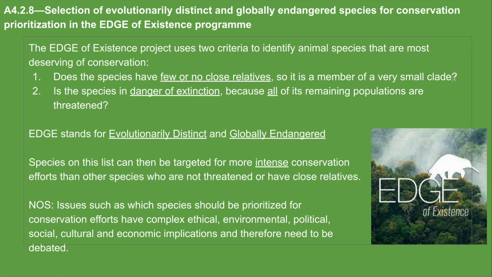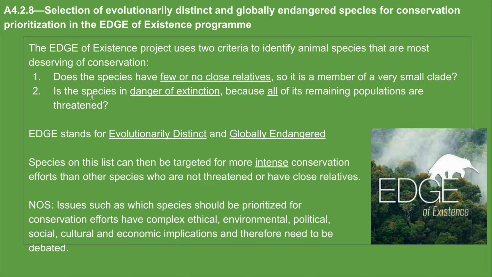For example, if we're looking at a group of frogs, are there other closely related frogs, or is it really stand alone? Because if it has more relatives that are closely related, it's going to be lower on the priority list, whereas if it's a really unique species, then it's going to be higher on the list.